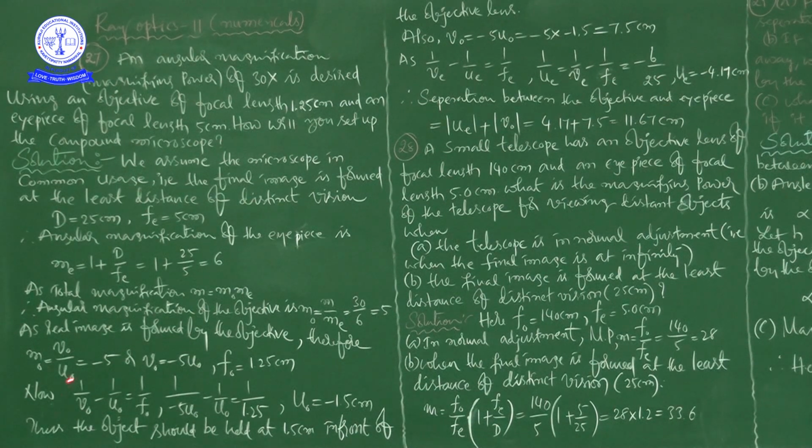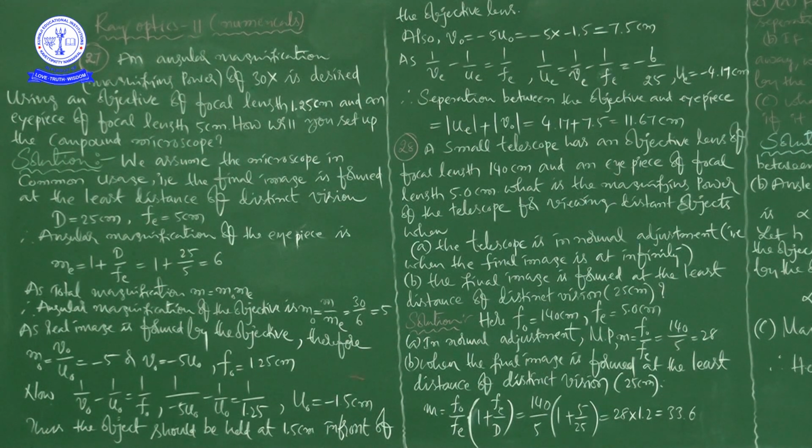So the object should be held at 1.5 centimeters in front of the objective lens. Object distance is the distance of the object from the lens, and we found U naught is equal to minus 1.5 centimeters.